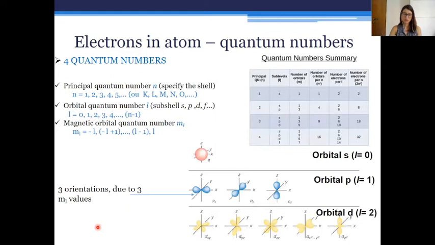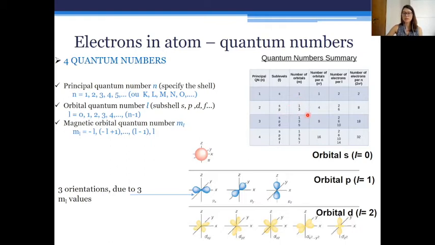So we described the 4 quantum numbers, and in this table you can find a summary of what we explained. Depending on the principal quantum number and its value, we find specific sublevels or subshells, and a number of orbitals. For an s subshell, we have only 1 orbital.